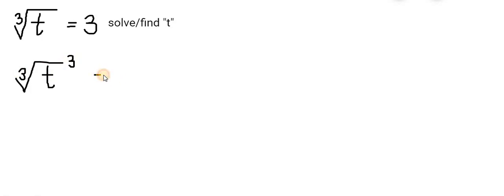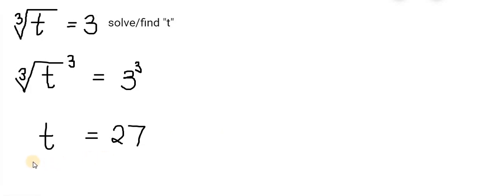And because I've done that to one side of the equals to sign, I have to do that to the other side. So 3 to the power of 3. Now, cube root of t to the power of 3, that's just t. And 3 to the power of 3, that's just 3 times 3 times 3. Basically 27.